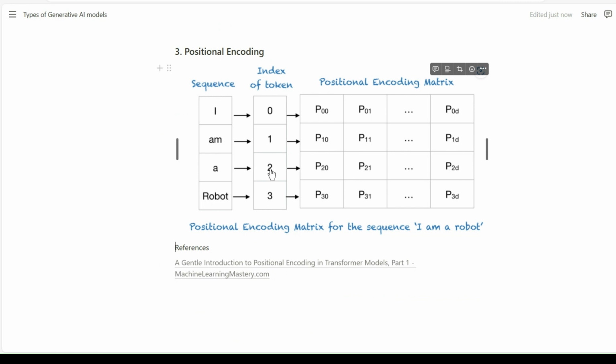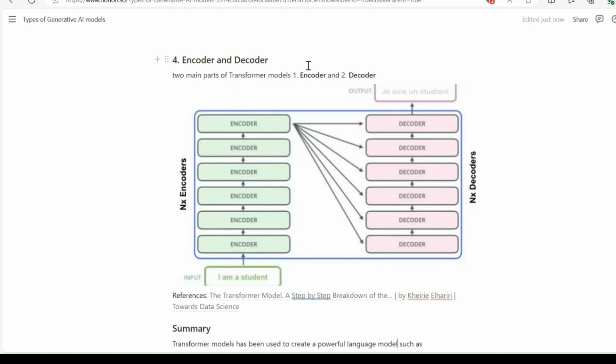So next we have the encoder and decoder. The transformer model has two main parts, which are encoders and decoders. The encoder reads and processes the input text, and the decoder generates the output text.